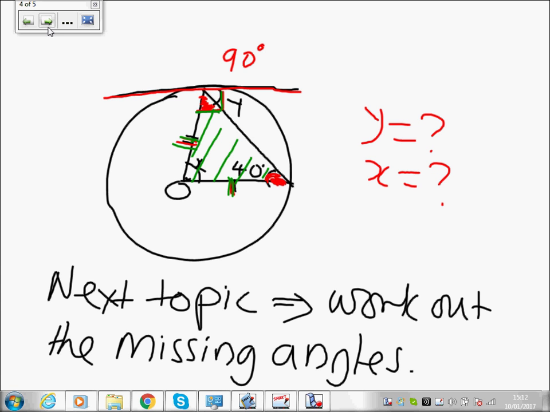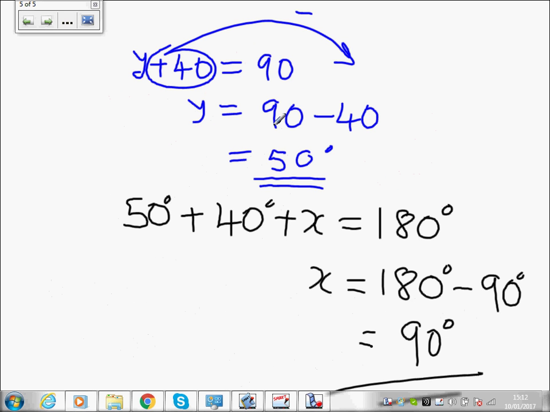And since we know that this angle here is 90 degrees, it follows that y plus 40 is equal to 90 degrees, which gives us this equation, and we can compute y. By now you should know equations. When you subtract from both sides, you get that.